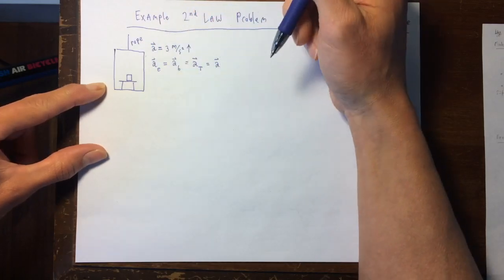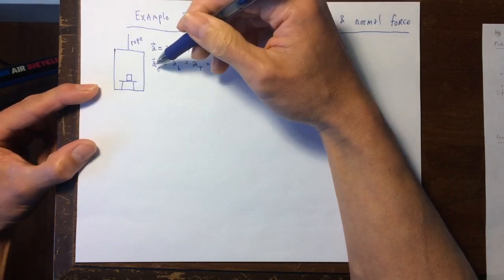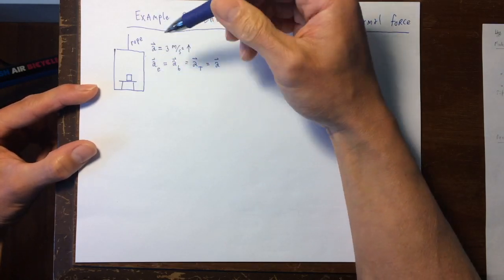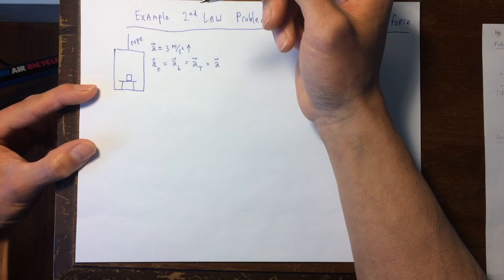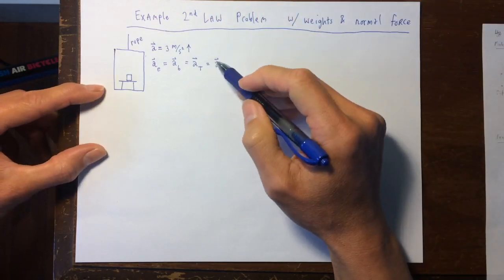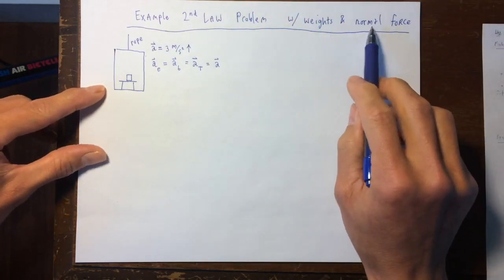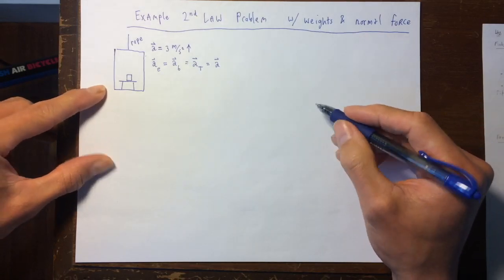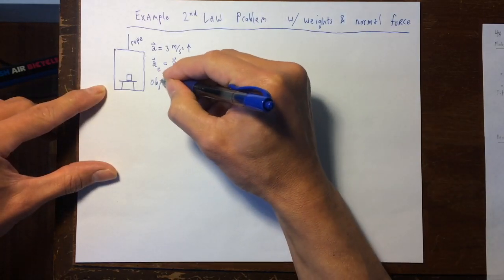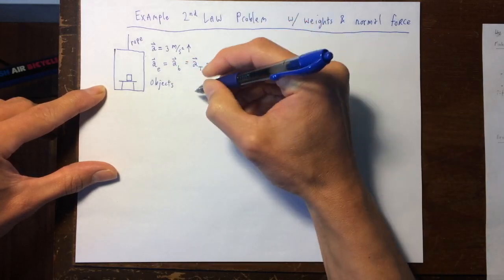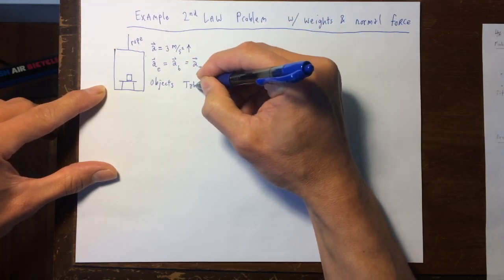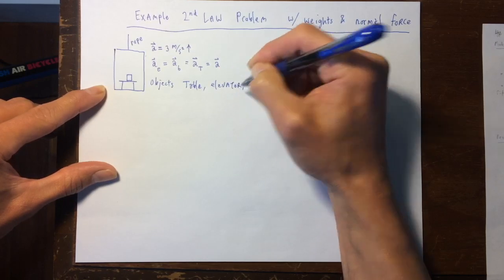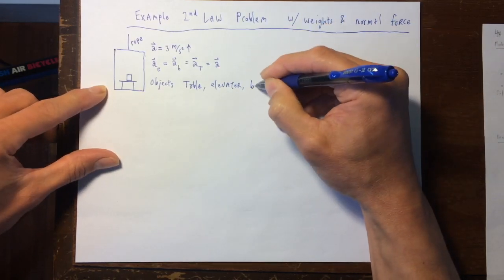So they all have the same acceleration. But even if they have the same acceleration, they're not necessarily going to have the same forces involved. And that's what we're going to explore: what are all of the forces on all of the various objects. The objects are the table, the elevator, and the box.